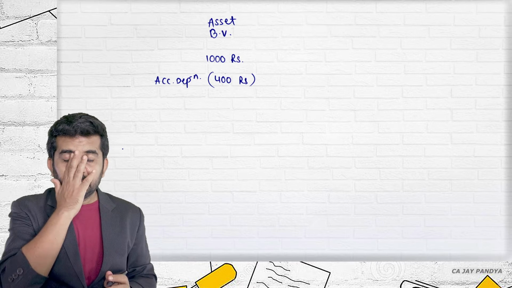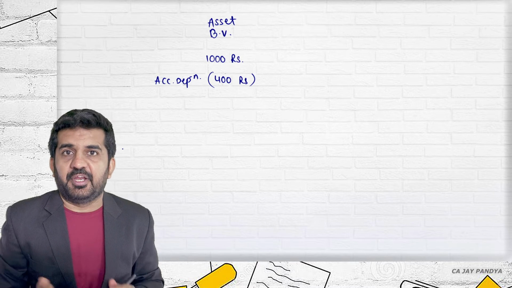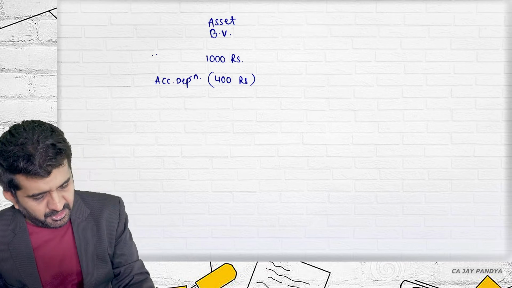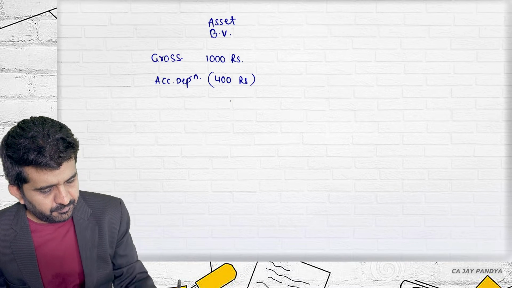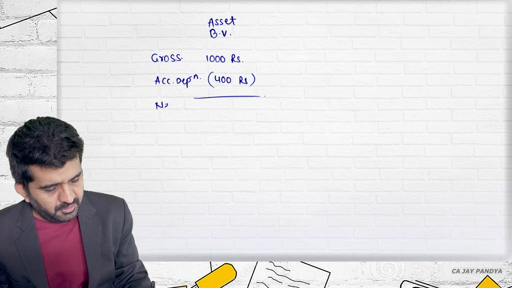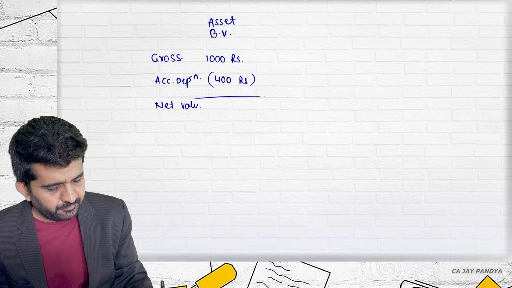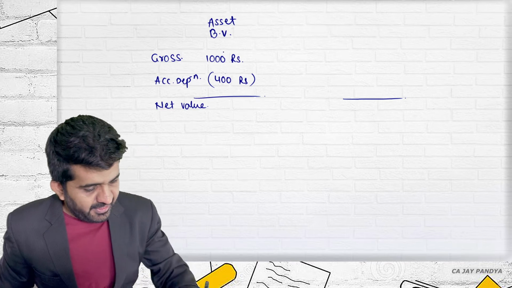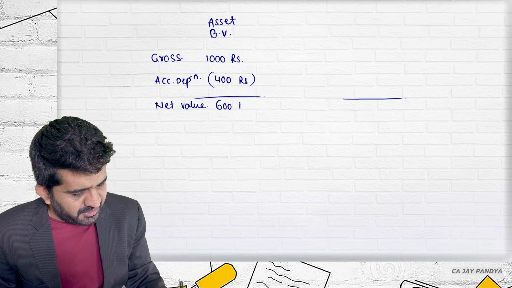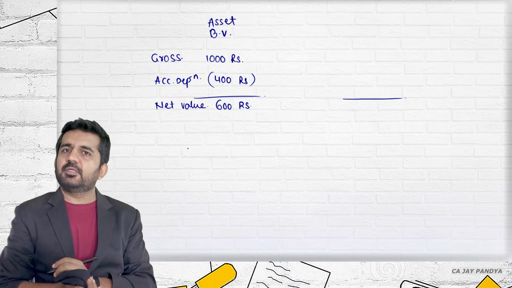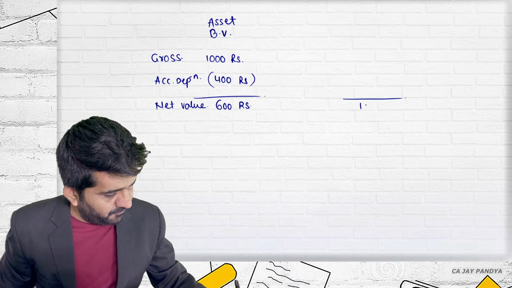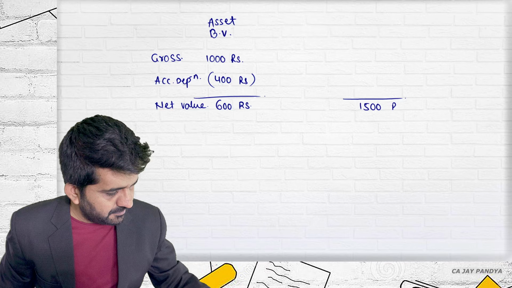Try to concentrate: this is the gross value, and this is the net value. Net value of the asset right now is 600 rupees, which is ultimately becoming 1500 rupees.